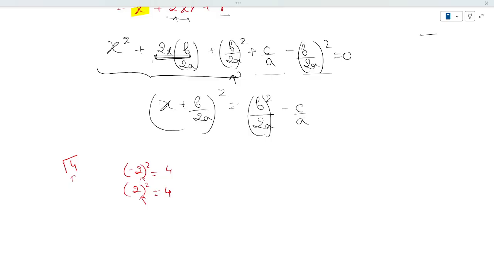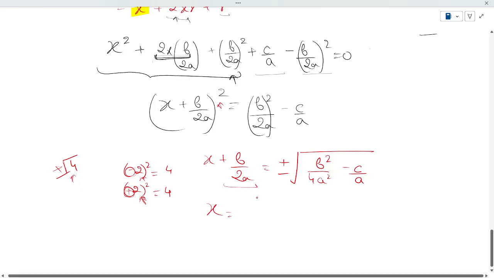Whenever there is under root, it gives you two values, positive as well as negative, right? So if you remove this whole square, it will give you under root. There will be two values, plus as well as minus.